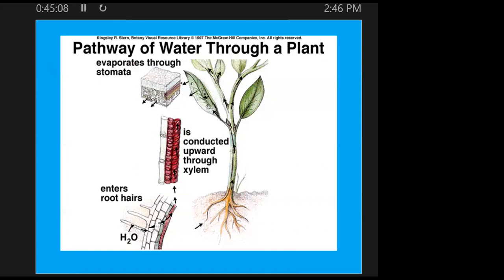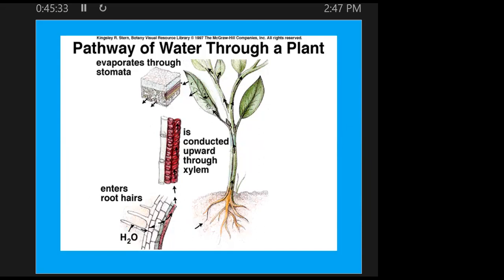That's the primary job of the xylem, to move water through the plant body. Ultimately, that water is going to get to the leaves. Once it gets to the leaves, it'll get shifted into water vapor, and then it'll exit out of the leaf as water vapor into the atmosphere.